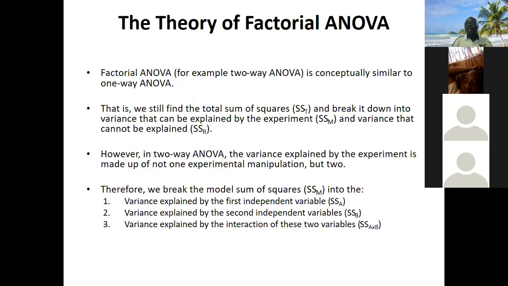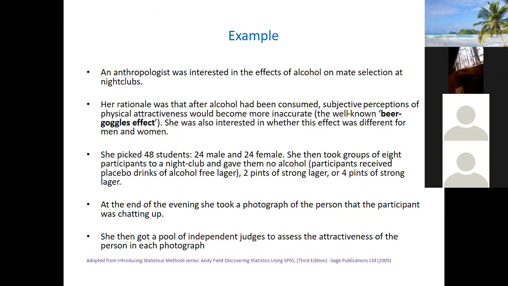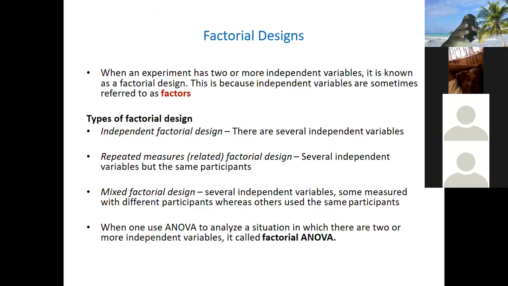So in this lecture, we'll look at the first one, the independent factorial design. What I want us to realize is that the way we calculate the F statistic in one-way ANOVA is the same, but there's another step you have to take whenever it is factorial design, where we have more than one factor.